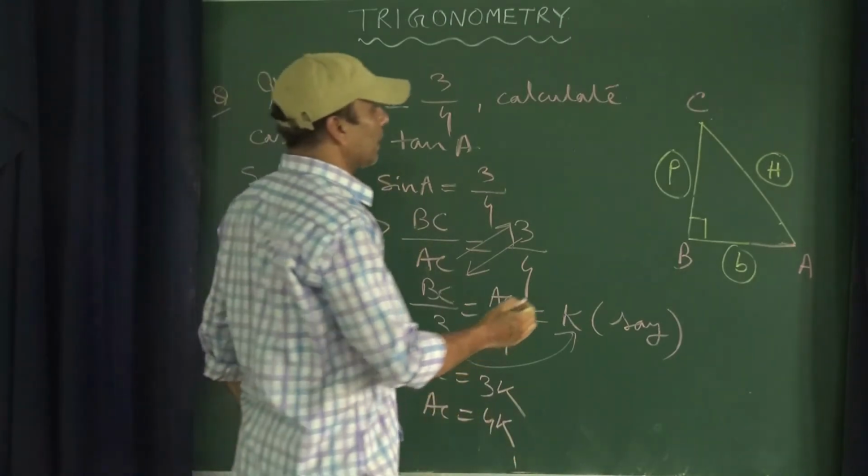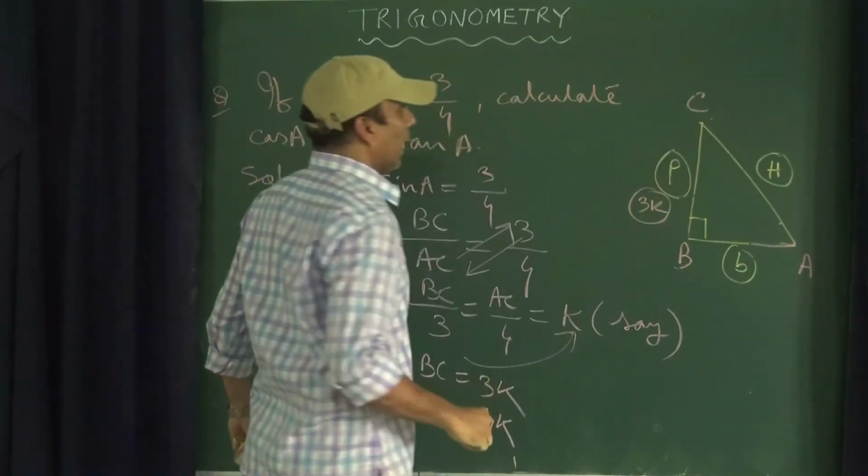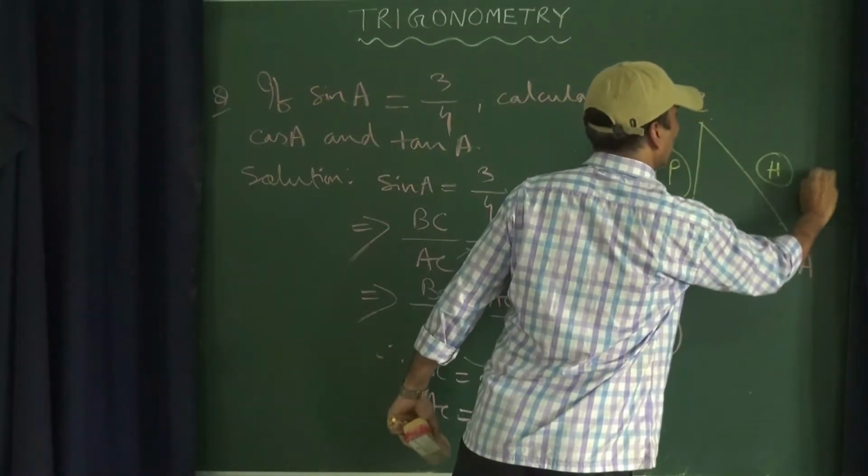So BC is 3K, this one is 3K, and AC, this one is our 4K.